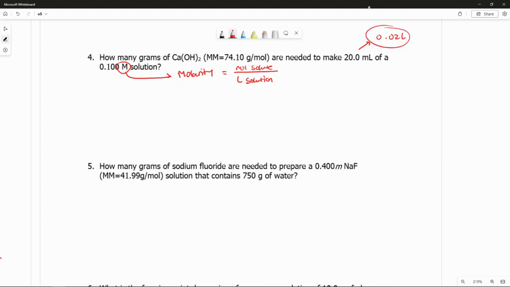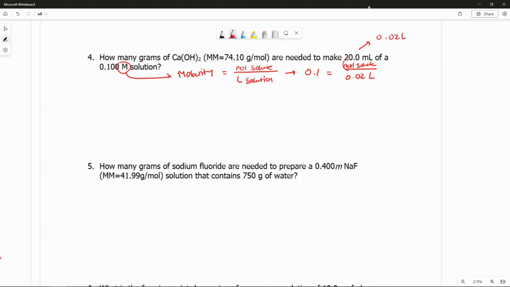So we take these 0.02 liters, and we have our molarity, 0.1, so we can set it up as 0.1 molar equals the moles of solute over 0.02 liters.